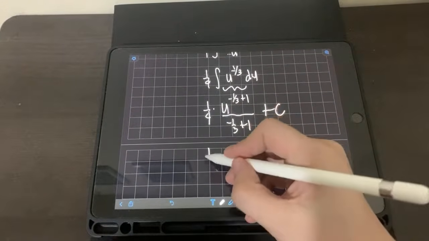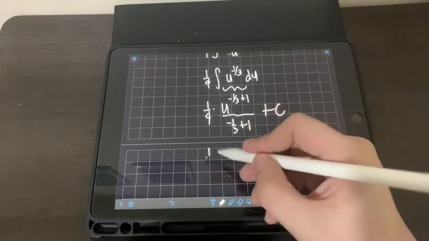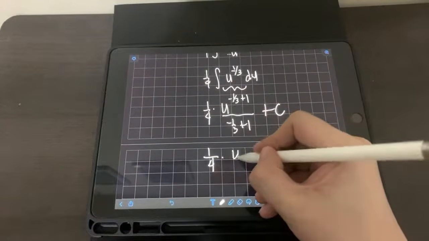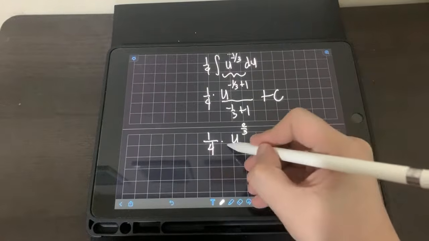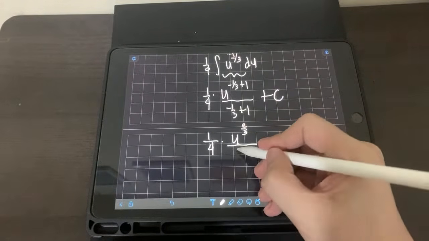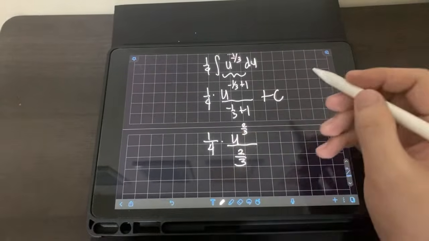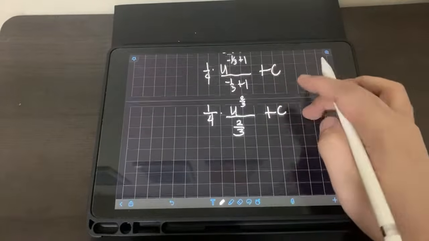So, it will be 1/4 times u to the negative 1/3 plus 1, which is 2/3, right? Divided by negative 1/3 plus 1, which is also 2/3. Okay? Plus c. And then, just simplify the fraction.